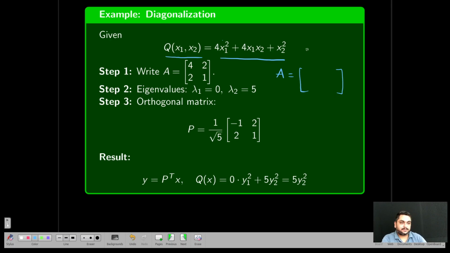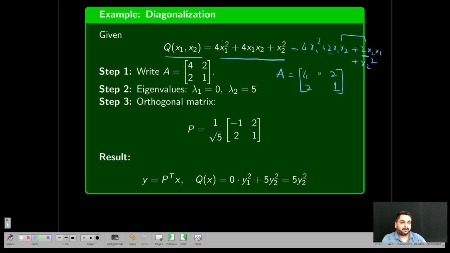Split this into 4x1 square plus 2x1x2 plus 2x2x1, because these two are symmetric, right? That's why I'm splitting them, plus x2 square. So A11 is 4, A12 is 2, A21 is 2, A22 is 1.